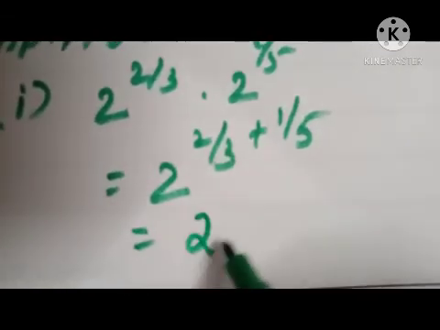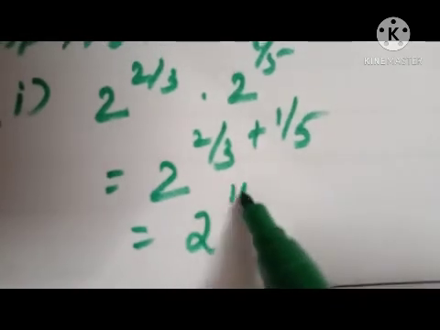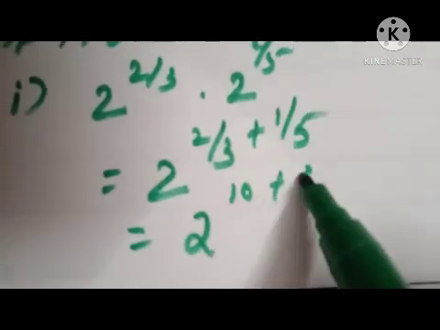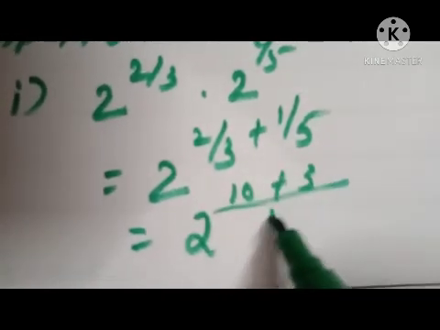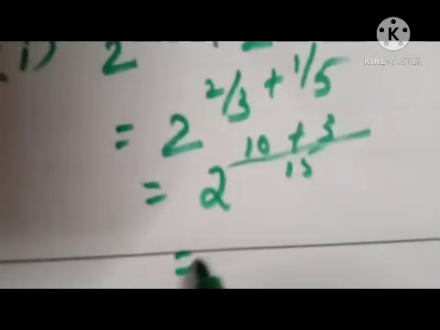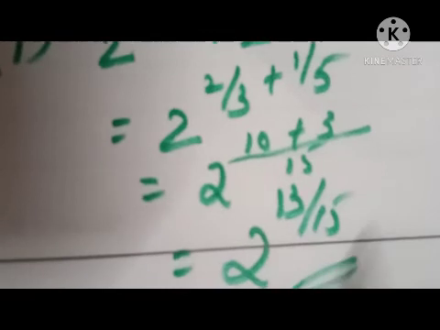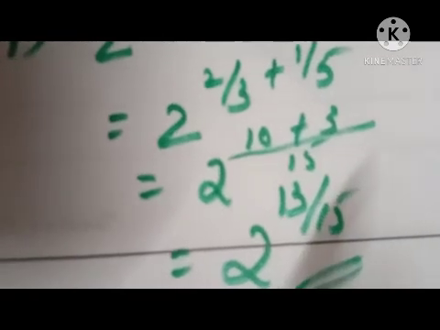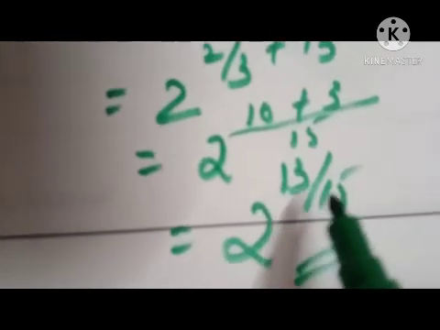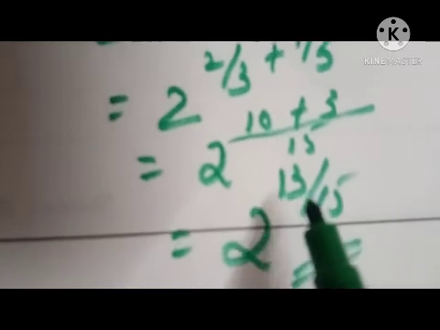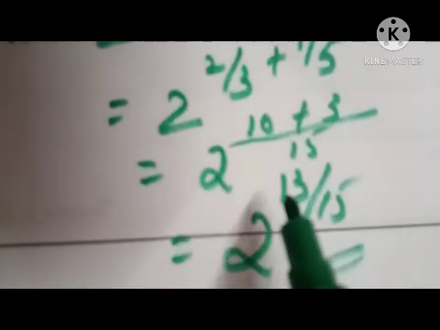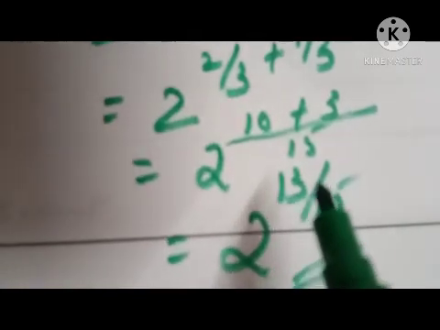Okay, so 2 into 5 is 10 plus 3 into 1 is 3, by 3 into 5 is 15. So equal to 2 raised to 13 by 15. 2 raised to 13 by 15 is the answer. Here no need to find the final value. Here we have to simplify the given expression only.